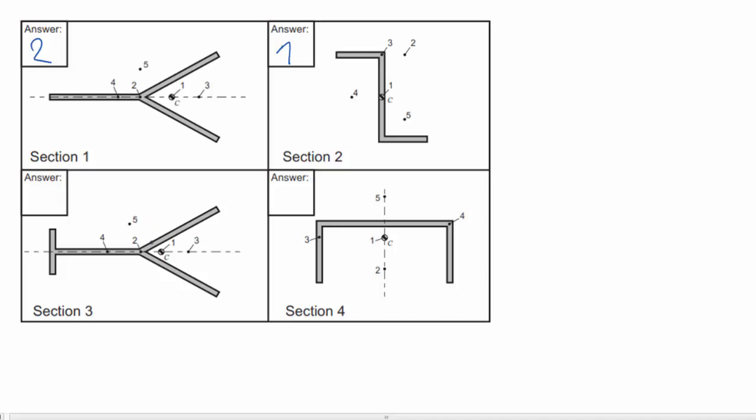This means that if we apply a vertical shear force that goes upwards, the shear flow here will also go upwards, therefore creating a clockwise moment around point 2. If we then look at the external forces acting on the cross-section, due to equivalence, we know that the shear force should also create a clockwise moment around point 2. Therefore, the shear center of this cross-section will be in point 4.